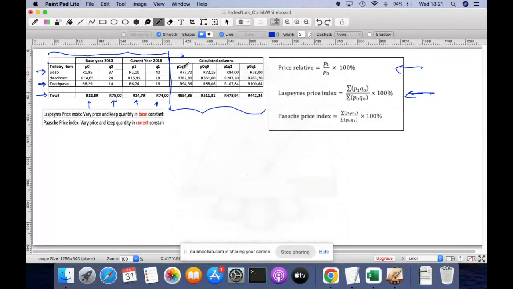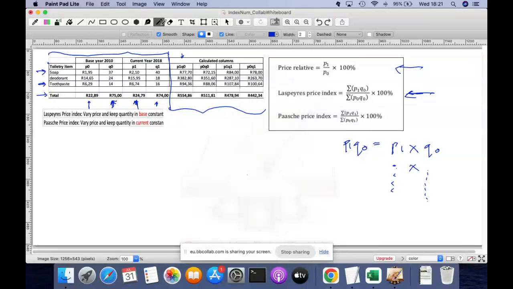When you see the heading P1 Q0, all that means is P1 times Q0. That's what we're doing in this column. We're going to take all the P1 values going down and multiply each of them by each of the Q0 values. There's your P1 column here, and your Q0 is here.